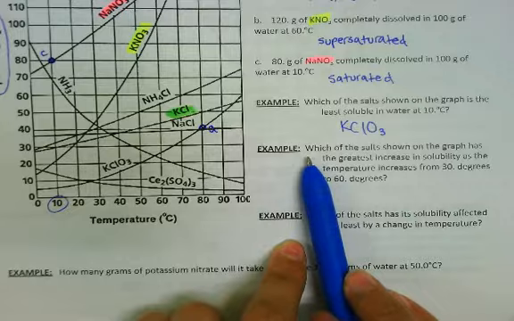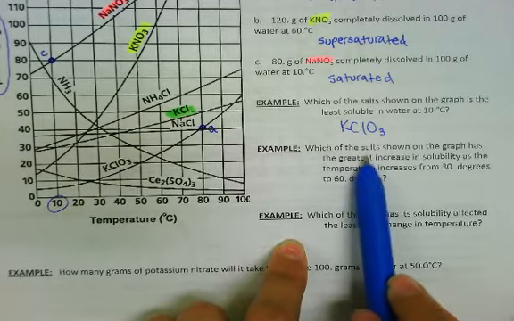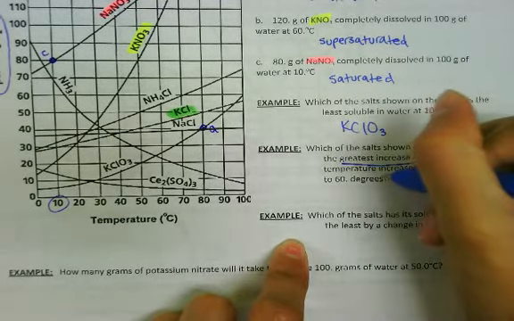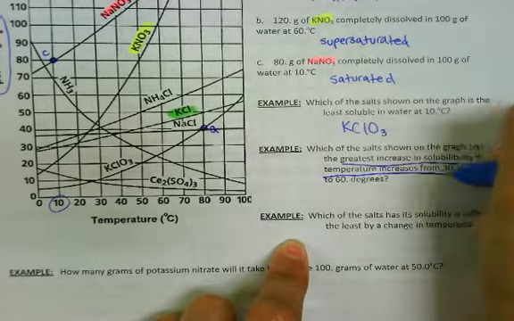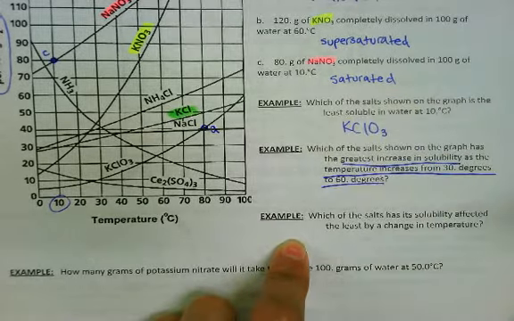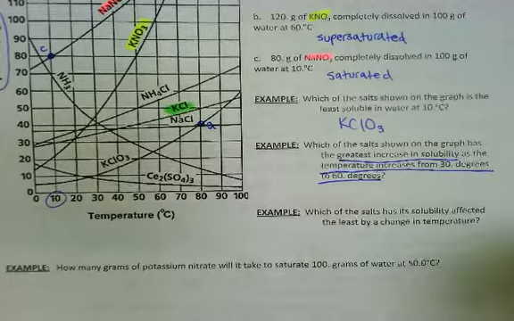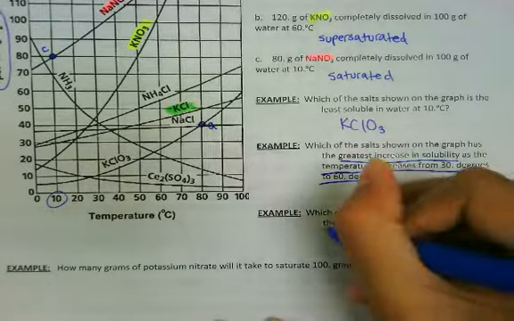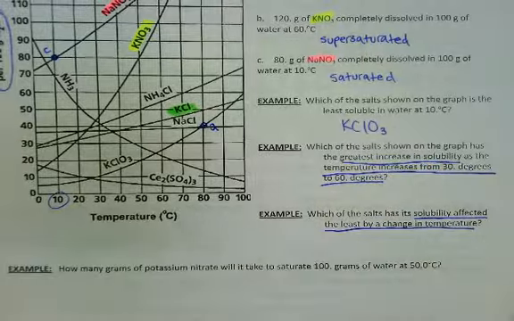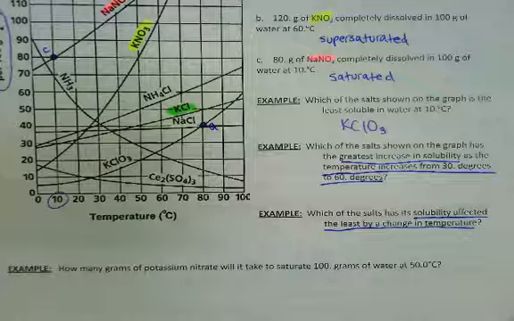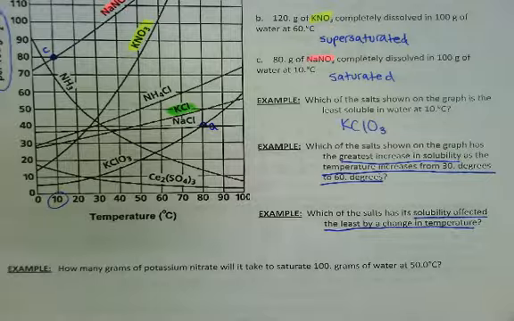So I want you to try and figure out which of the salts shown has the greatest increase in solubility, looking at a temperature increase from 30 to 60 degrees. I also want you to try and figure out which of the salts has solubility affected the least by a change in temperature. Okay, so try and figure those out, and then we will go over that. Look at the slope. That's my hint to you. Look at how steep the lines are.